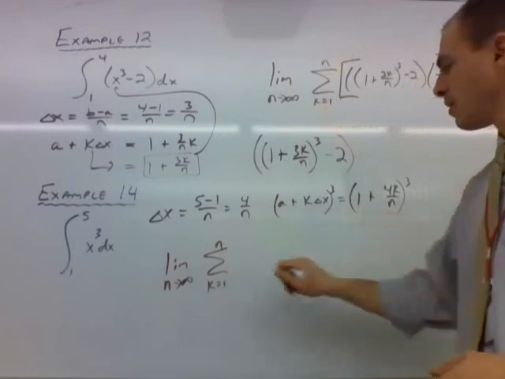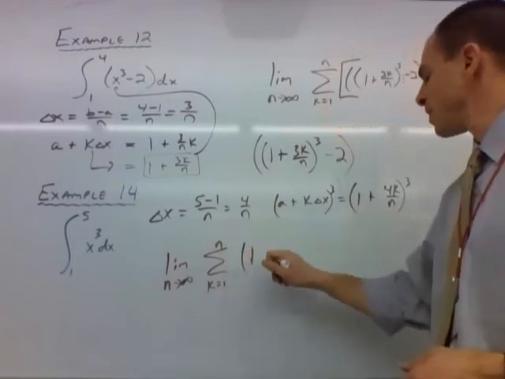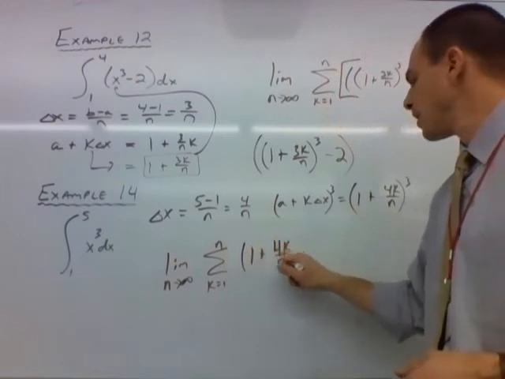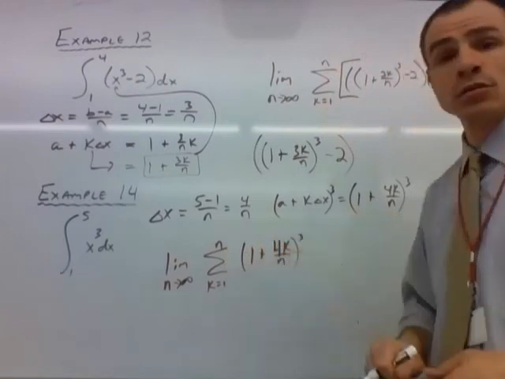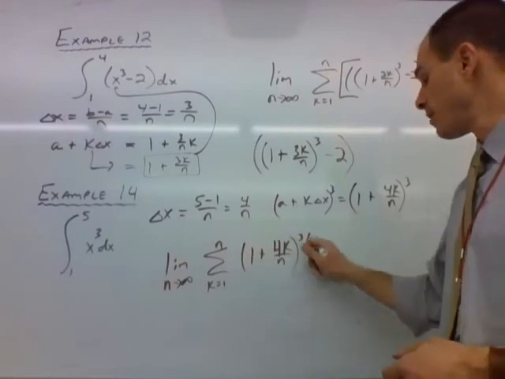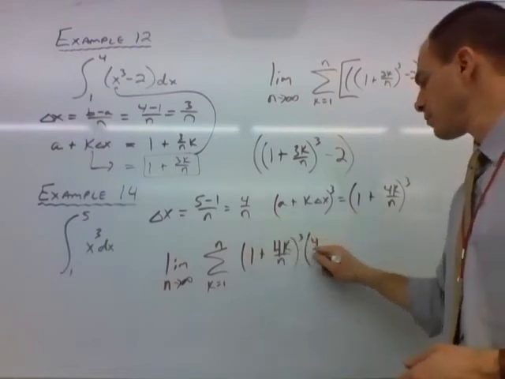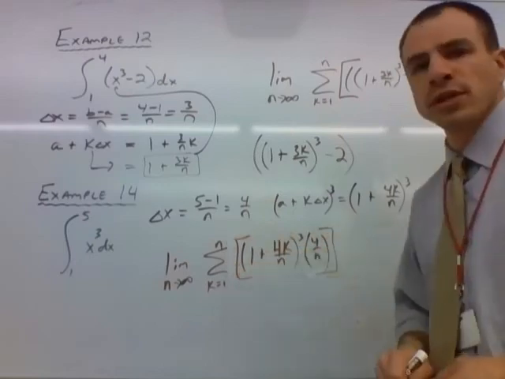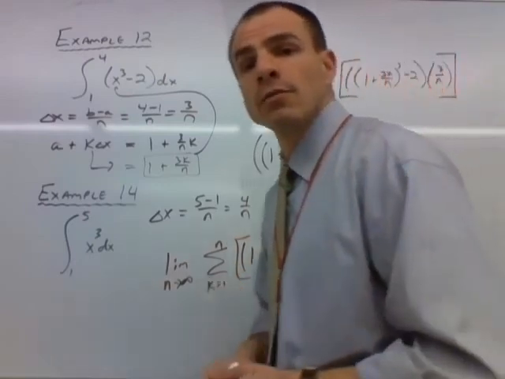And then we have our f of a plus k delta x, so 1 plus 4k over n wrapped and cubed. And we're going to multiply that by delta x, which is 4 over n. And then we need to just group the entire thing together, and we are done.